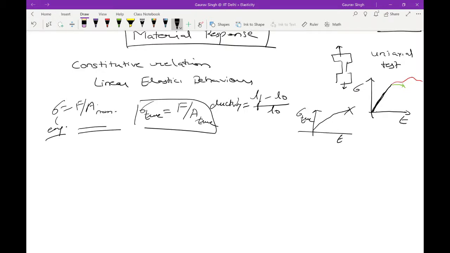The reason is it's hard to measure the area while a machine is under loading. Say if there's a machine part somewhere, it's actually very complicated to keep on measuring the area at every instant of loading. Hence, this has been in fashion for a while, and I hope it continues to be the same. So for a graph like this, the linear elastic material is defined like this: the uniaxial stress is linearly related to the uniaxial strain.